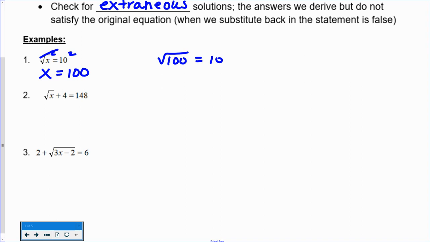Okay, with number two, one more step to do than what we did in number one. I cannot square it first. I must isolate my radical, so I will subtract 4. So then I get the square root of x equals 144, and then I can square both sides.